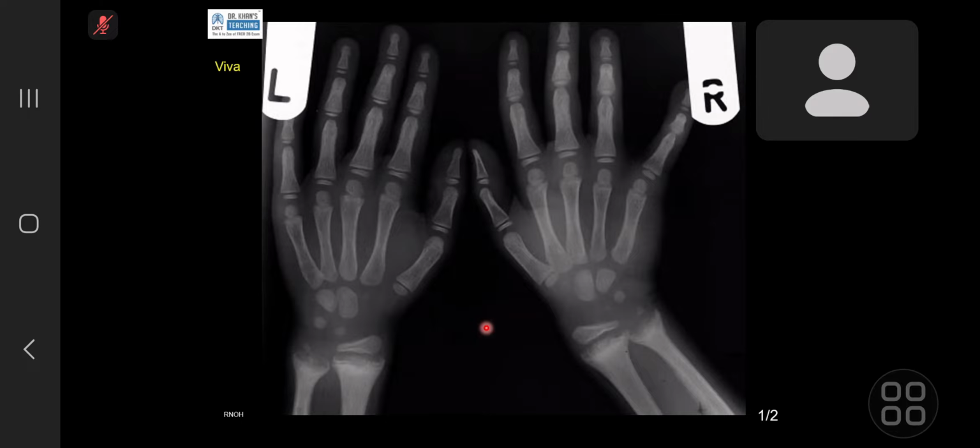Although I can see a dense band, which is Frankel zone, which is seen in scurvy patients, since the epiphysis looks quite normal to me on both the sides, and there are no obvious Pelkan spurs, and the predominant finding, I believe, is the cupping, fraying, and splaying, I believe that this goes more in favor of rickets rather than scurvy.